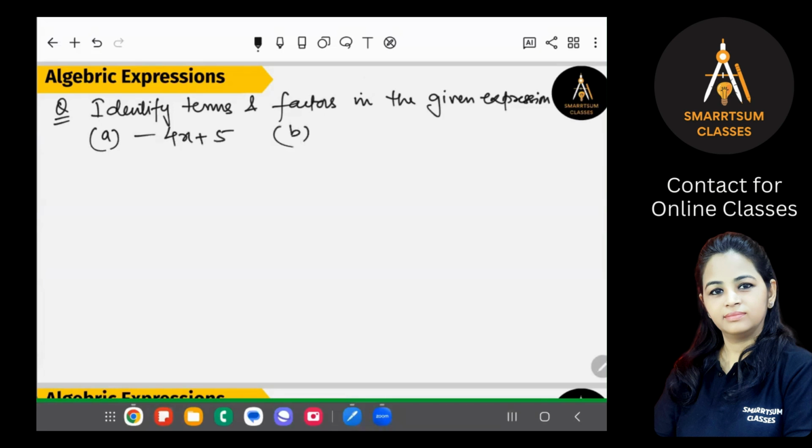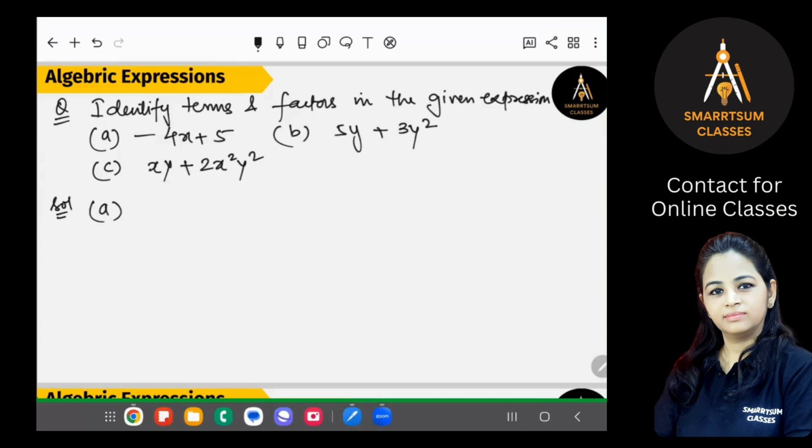B: 5y plus 3y square. C: xy plus 2x square y square. Right? So there are three given expressions here. Now you have to tell the terms and factors in these expressions.